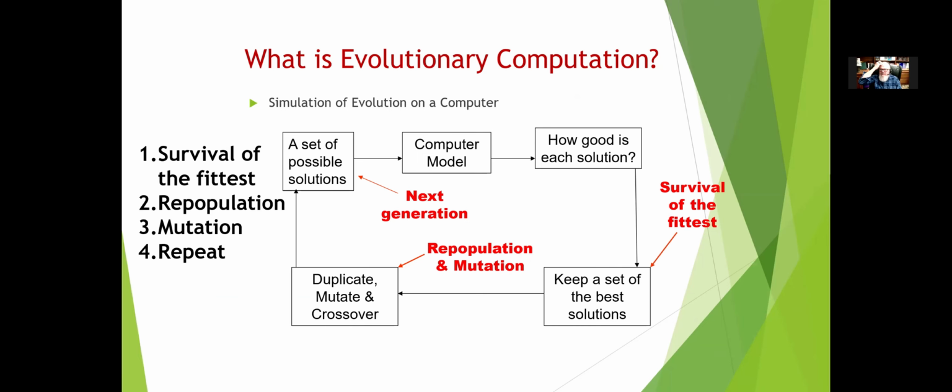And so you can think of a number of different parameters that you have to tune in order to get the result. The computer model was the thing that ate up the time in the computing of this, because you had to go to a model of electromagnetics and look at the geometry of the antenna, and from the geometry of the antenna decide how good it was to receive the frequency that it was being designed for.